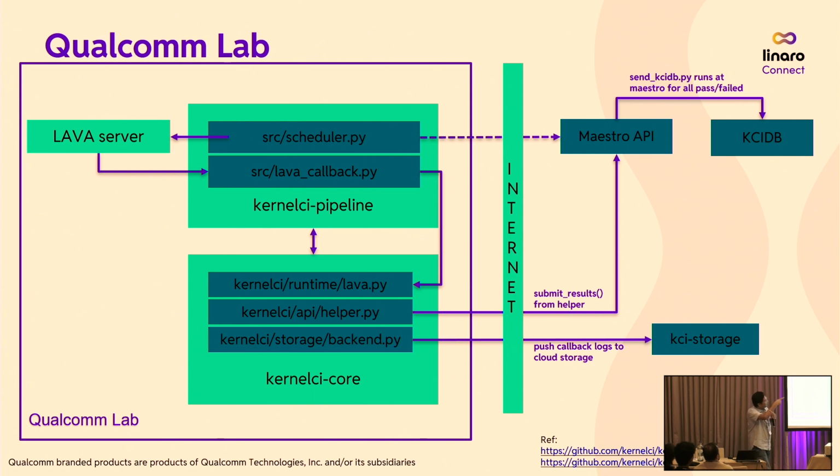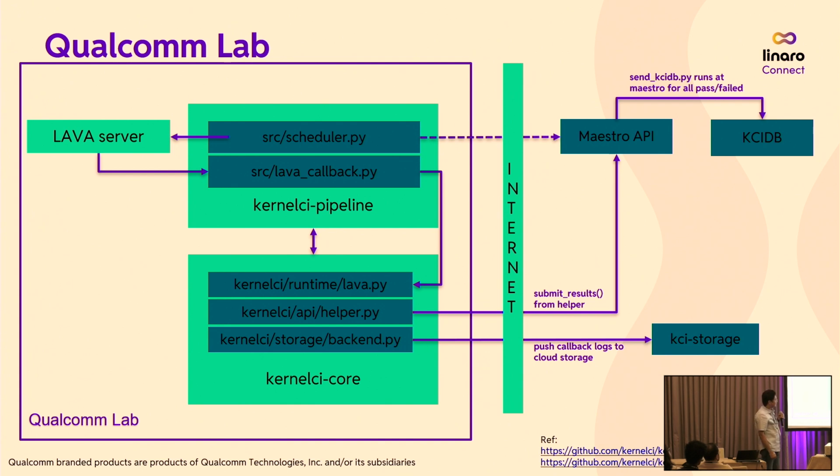Once we have the Maestro event trigger, which is in JSON format, we consume it in the Qualcomm LAVA through the pipeline. We parse it and send it to the LAVA server, to the worker, and then the results propagate back.